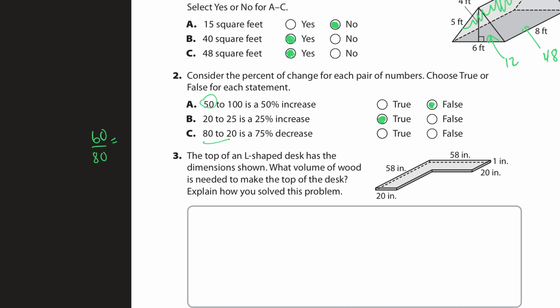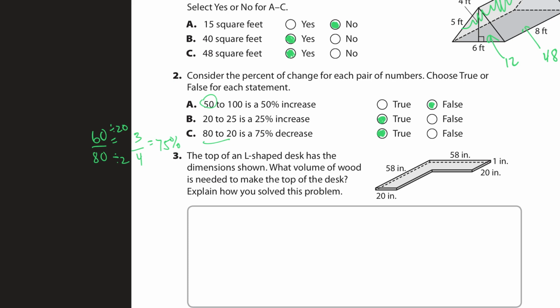Divide this by 20 and you get 3, and divide the other one by 20 and you get 4, and 3/4 is 75%. So that is a true.